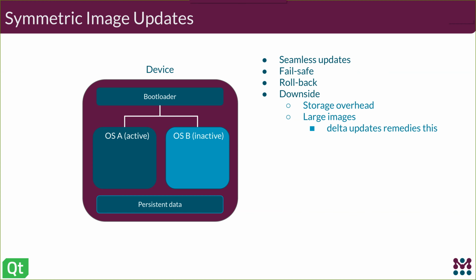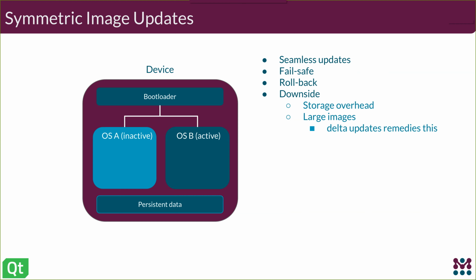The obvious downside of this approach is that there is some storage overhead because you need to have a redundant copy of your operating system. Typically nowadays, it's not a huge problem as storage has become quite cheap, and there's room to work with. But it is the way of achieving true robustness.